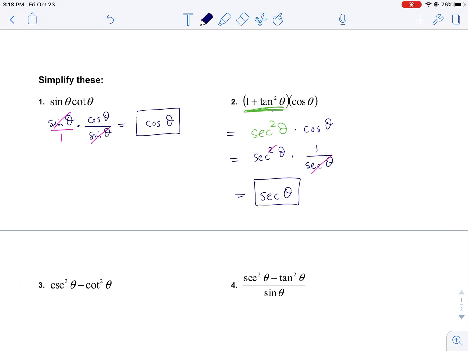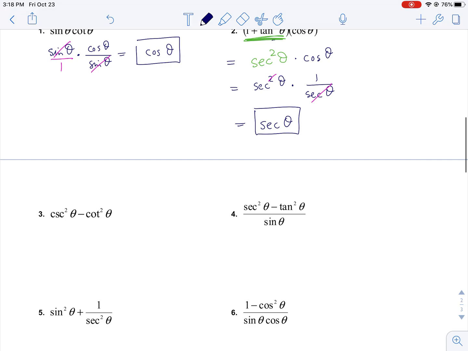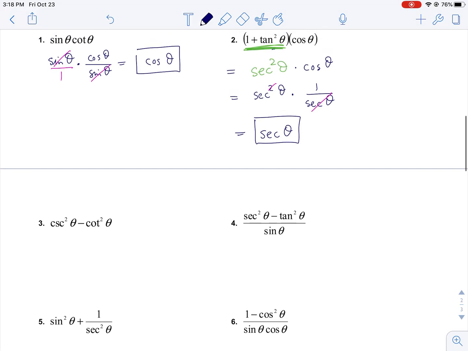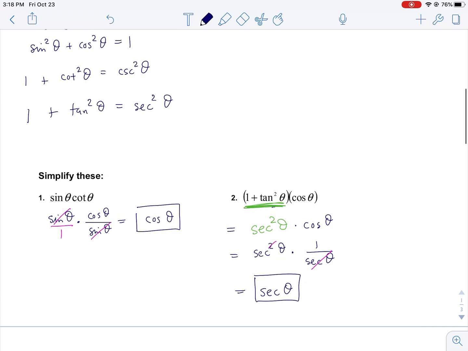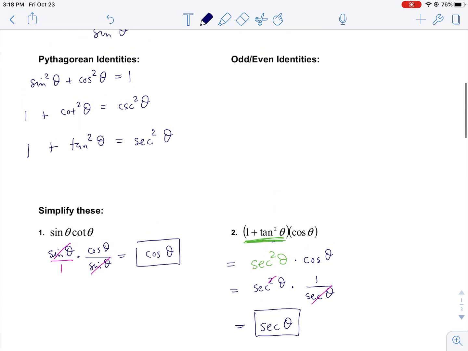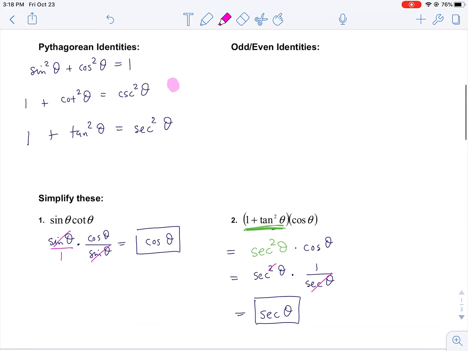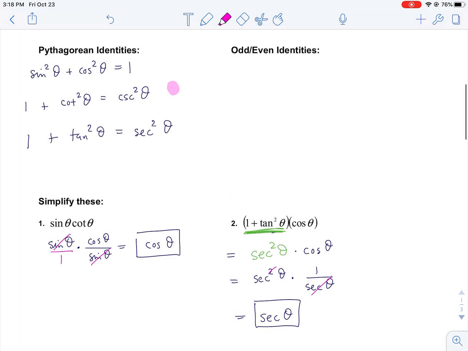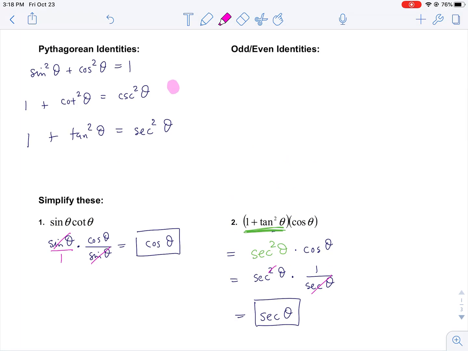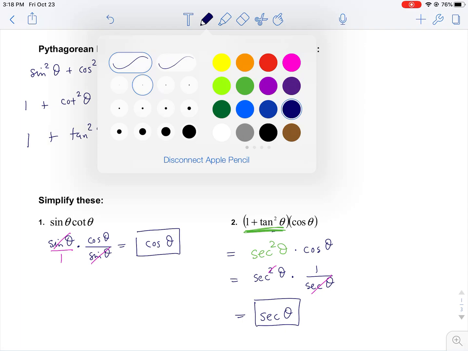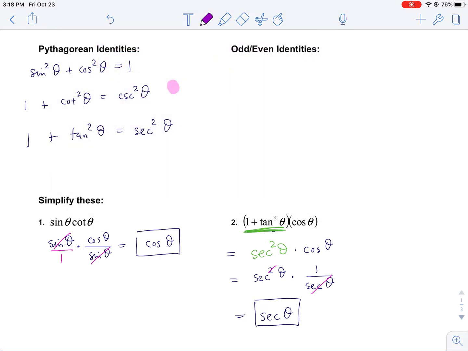Look at 3. I got cosecant squared minus cotangent squared. This one's pretty easy because I already have a Pythagorean identity that relates the cotangent and the cosecant. In particular, I can take cosecant squared and replace it with 1 plus cotangent squared. I'll do this one in purple.